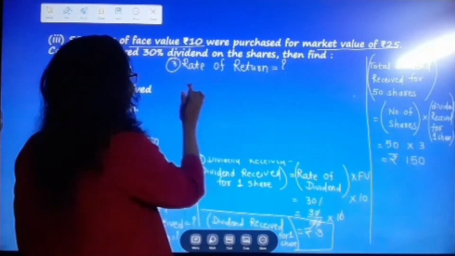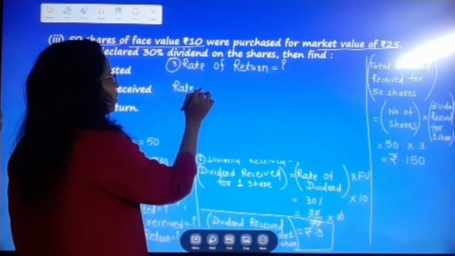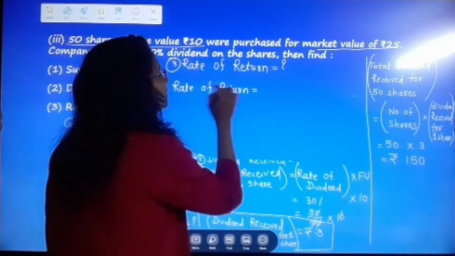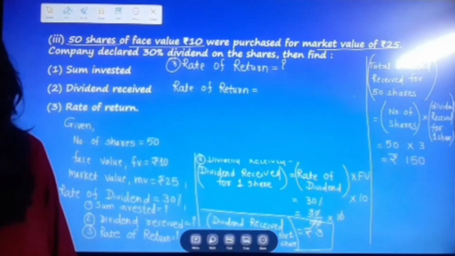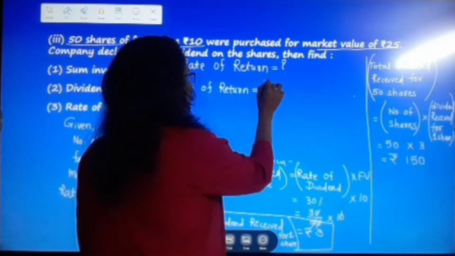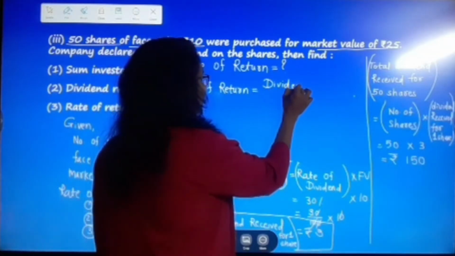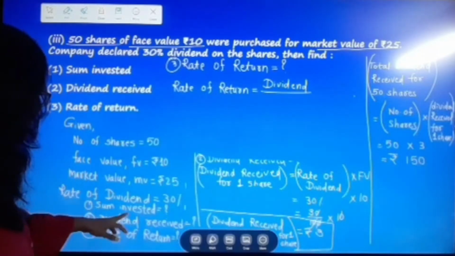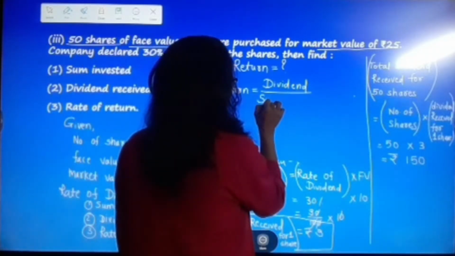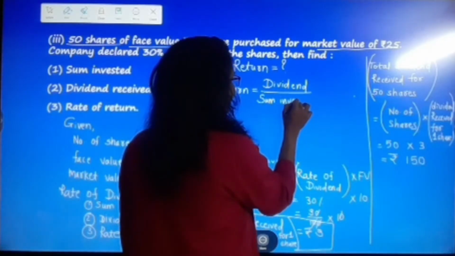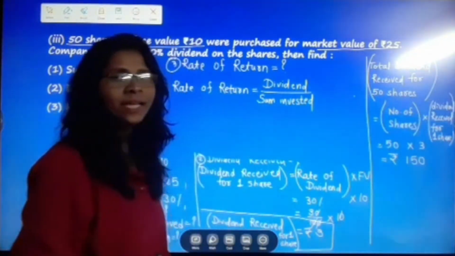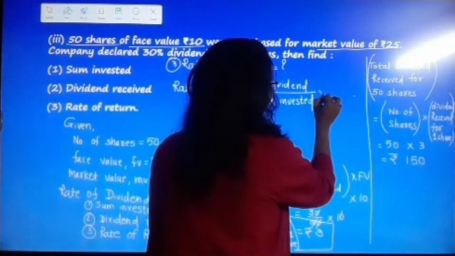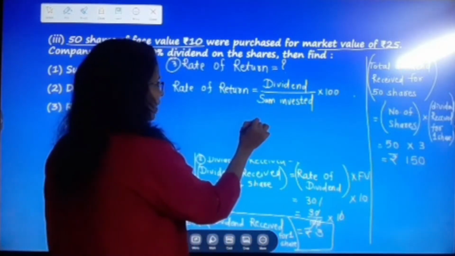Now there is a formula for rate of return, and that is equal to the dividend divided by sum invested, multiplied by 100.